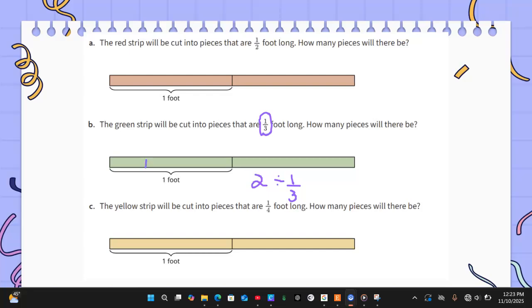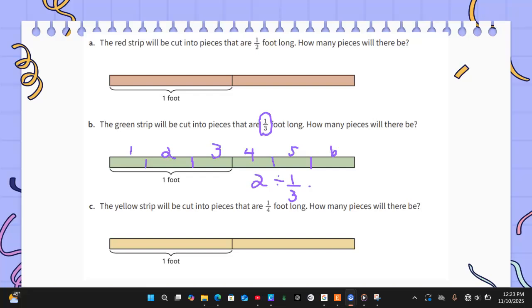We have 1/3 here, 1/3 here. We partition our second side, 1/3 here, and 1/3 there. So again, how many pieces will there be? Well, I can continue to count. I see 1 piece right here, 2, 3, 4, 5, and 6.